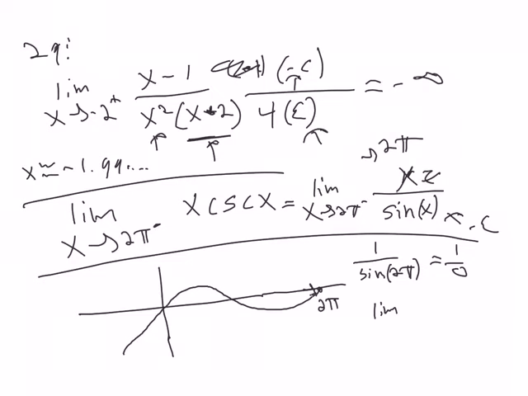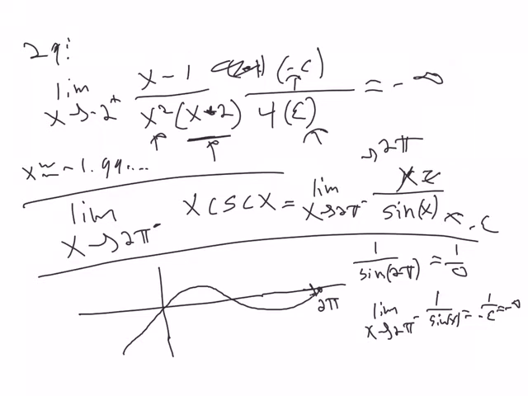if we just took the limit as x goes to 2 pi from the left of 1 over sine x, this is equal to 1 over a really, really small negative number, and this, as we talked about, is negative infinity.